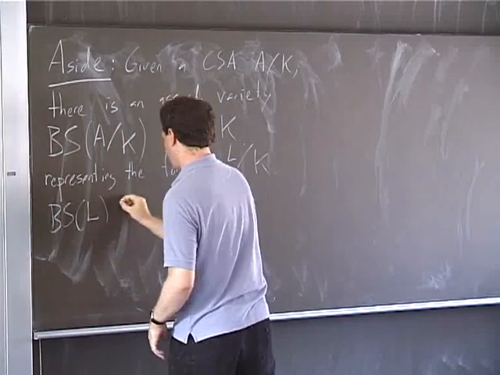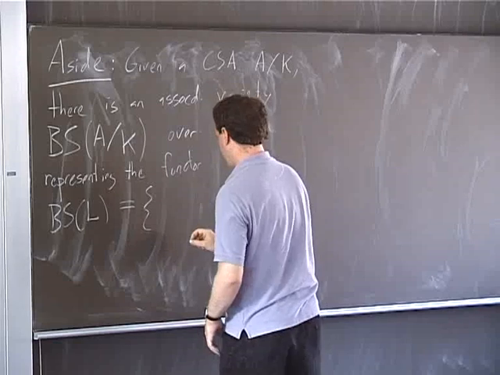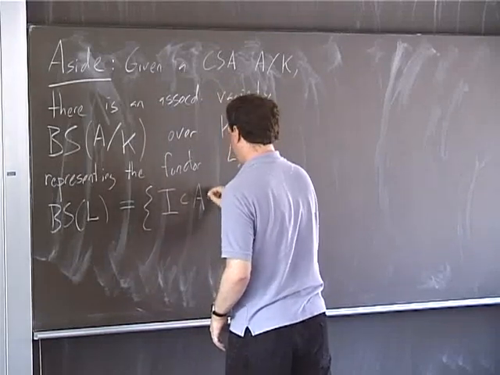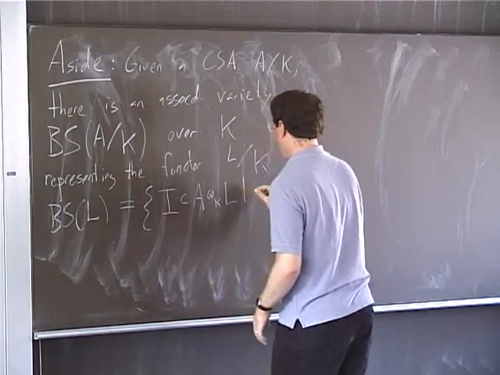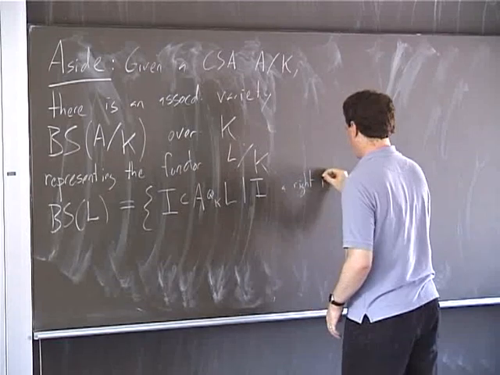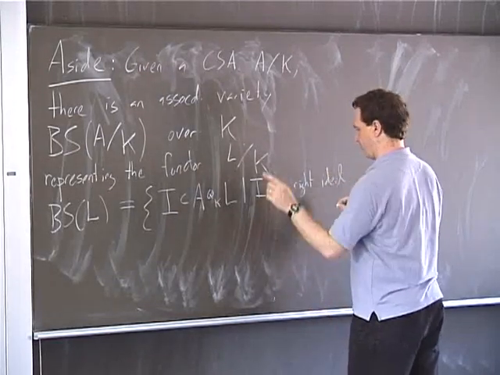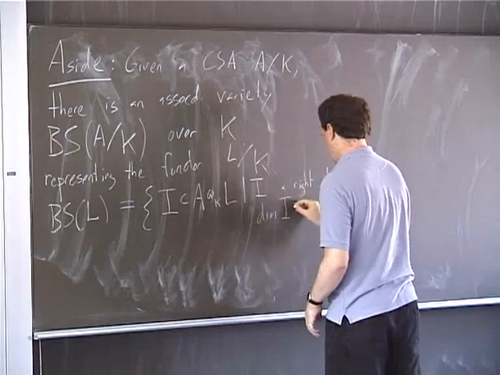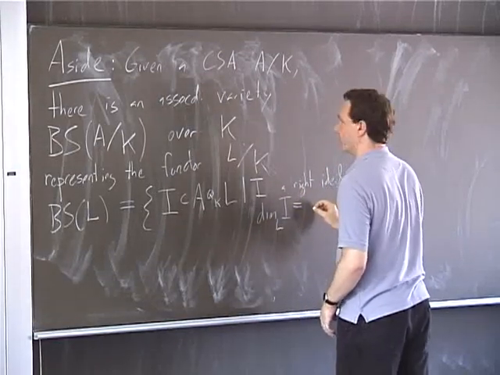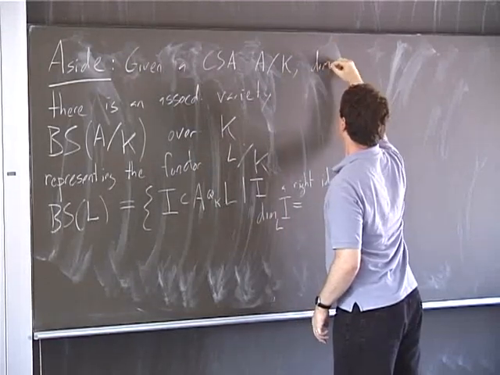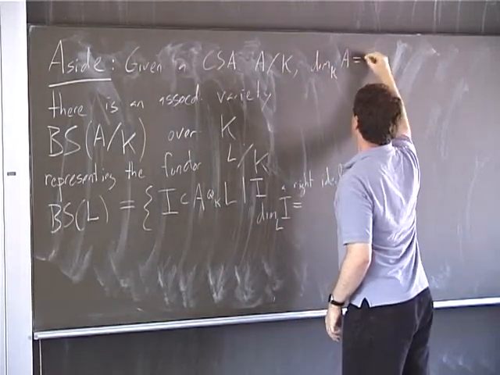the L-points of this variety are in one-to-one correspondence with the right ideals I inside of the base change whose dimension as an L vector space is n, where the dimension of A is n squared.